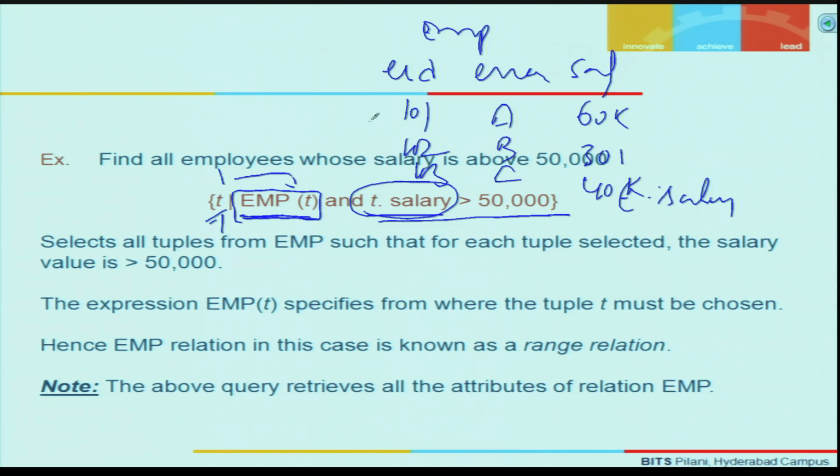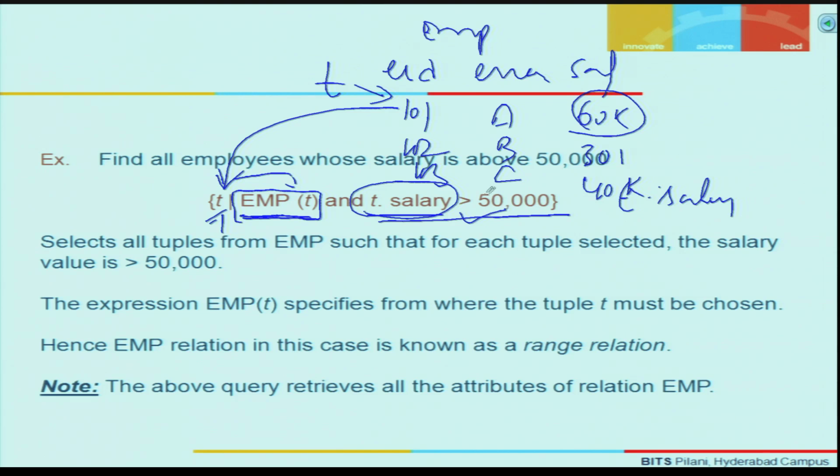So in the first iteration the first tuple will be assigned to this tuple variable. T is a tuple variable, hence a valid tuple can be assigned to it. So the first tuple is assigned to T, then I go to T.salary, which is 60K.